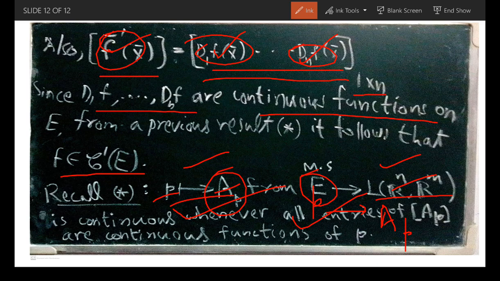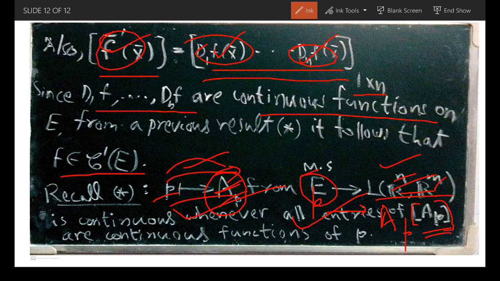See, AP is a linear transformation from Rn to Rm. So it has got a matrix with respect to the standard basis for Rn and Rm. If there is a matrix, naturally there are entries in that matrix. And if those entries are continuous, this mapping P going to AP is also continuous.